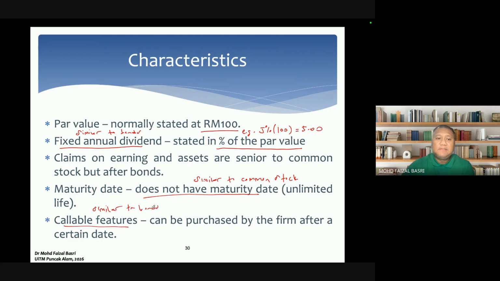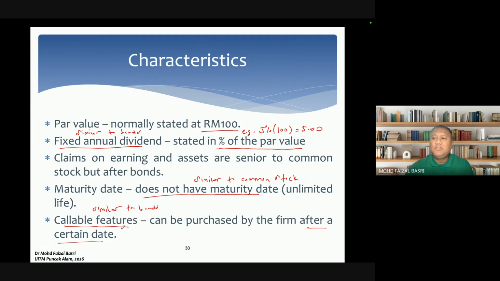Okay, why? Because the issuer can redeem ataupun can repurchase the bond, cuma kalau bond dia akan redeem before maturity kan. But since preferred dia tak ada maturity, dia akan letakkan terms tu, dia akan repurchase after a certain date.